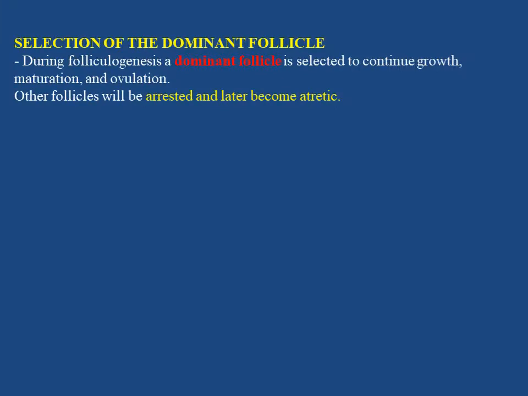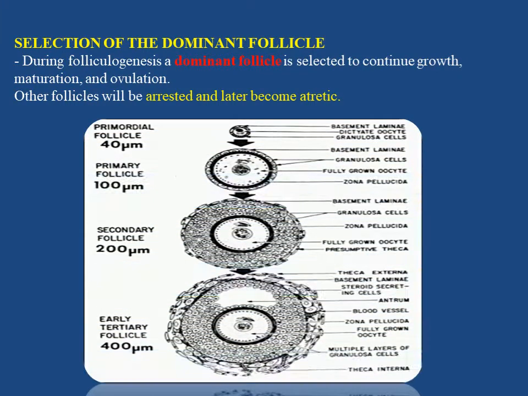How is the dominant follicle selected? During folliculogenesis, a dominant follicle is selected. It continues to grow, mature, and ovulate. Others will be arrested and later become atretic follicles.